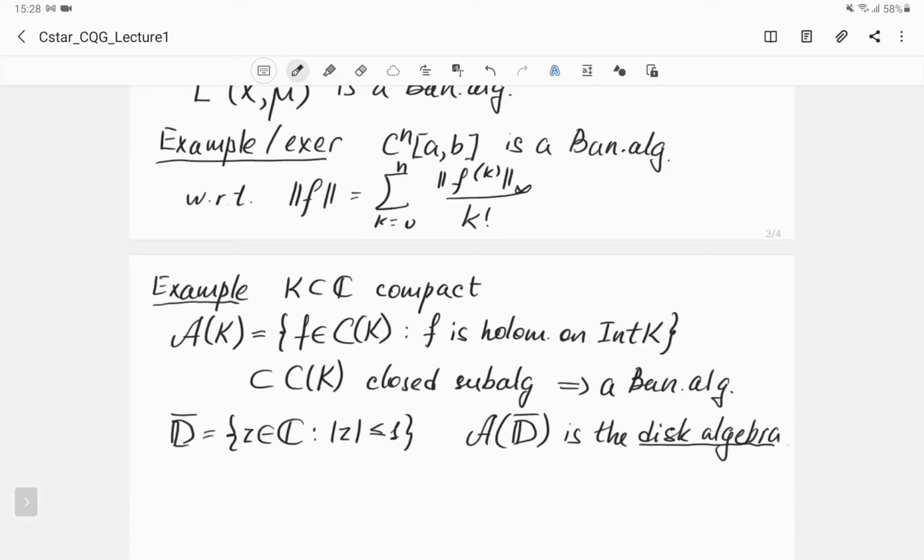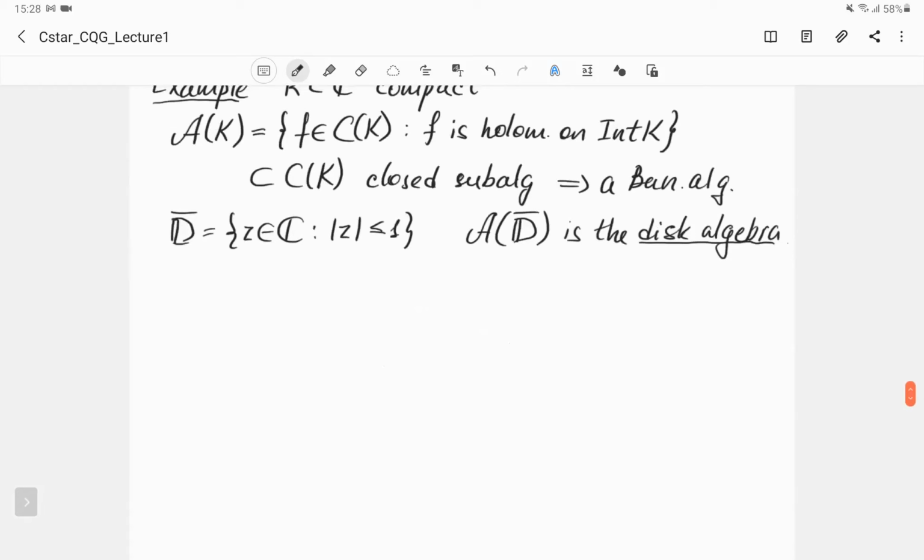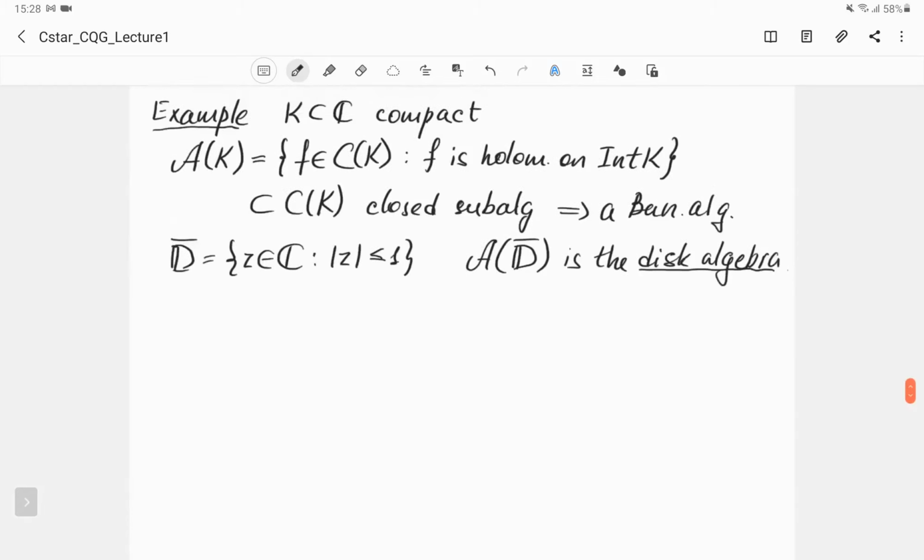Now let's look at a couple of examples of operator algebras. The simplest and most basic example of an operator algebra is the algebra of all bounded linear operators on a Banach space.